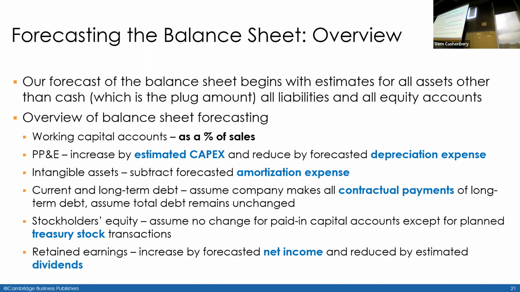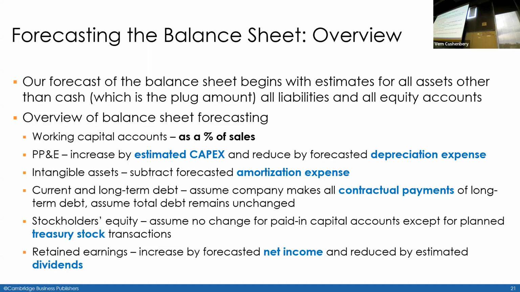But remember, the concept of precision here, this is not a make or break category. None of these are make or break categories. So don't stress out. Property, plant, equipment, we're going to increase that by estimated CapEx. Procter & Gamble gave us an estimated CapEx number, so yay, easy, let's use that. If we don't have an estimate, we can look at depreciation as a proxy.